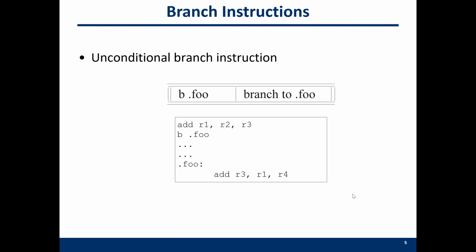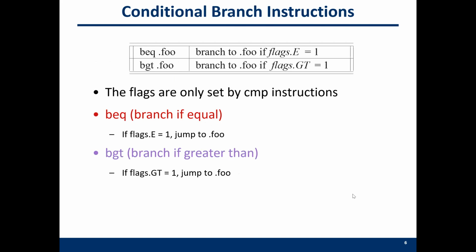Again, when you write C, when you write assembly language, try to avoid this instruction. If your code has a lot of these, then you cannot manage them. You should use more structured constructs.